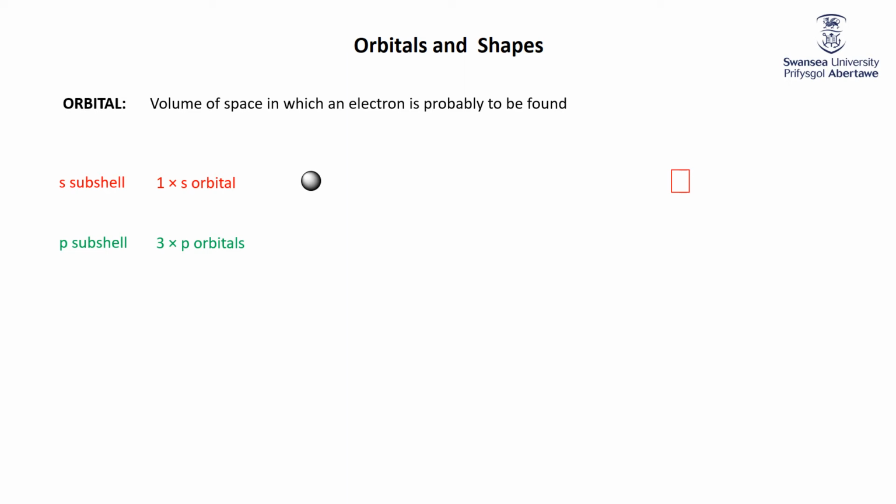Now the shape of a p orbital, and remember all an orbital is a volume of space in which an electron is probably to be found, is often described as dumbbell shaped, or a kind of weird figure of 8 shape, or even an infinity sign shape.